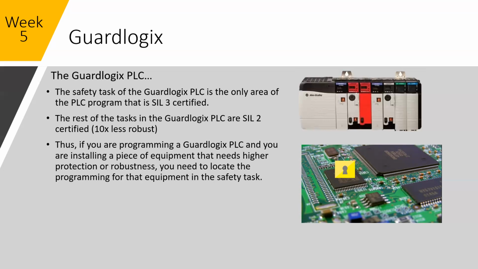Again, I have not delved too much into safety just because the industries that I've worked in have not required safety controllers. So if you're programming a GuardLogix PLC and you're installing a piece of equipment that needs higher protection of robustness, you need to locate the programming of that equipment in the safety task.